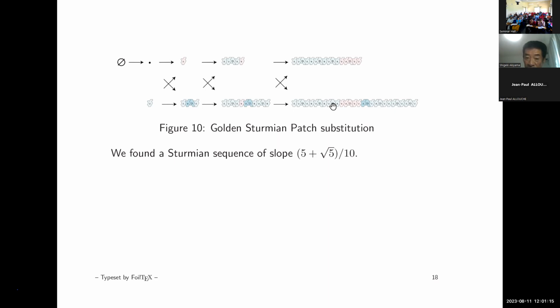We see only two orientations. So A, D, A, D, A, and D is just the flipped tile. And this looks like a very, very linear structure exists. And this sequence is a Sturmian sequence of slope of this number.